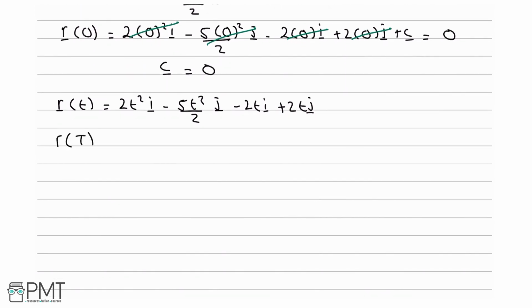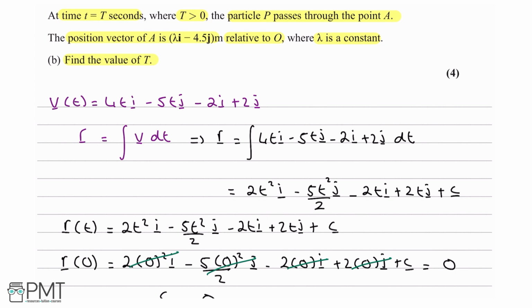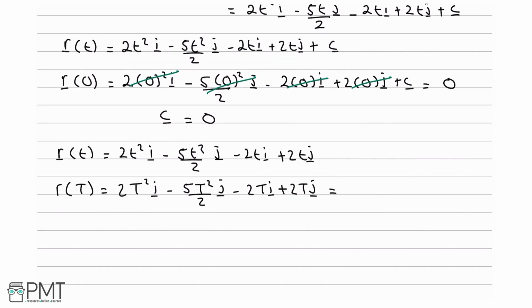So what this means is that r of capital T equals 2 capital T squared i minus 5 capital T squared over 2j minus 2 capital T i plus 2 capital T j, like that. And this will equal lambda i minus 4.5j, okay?